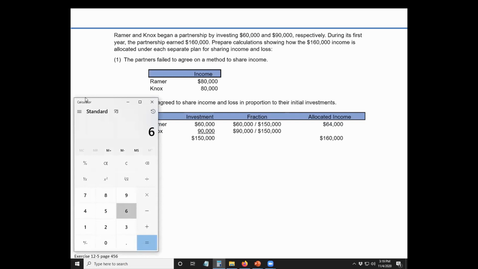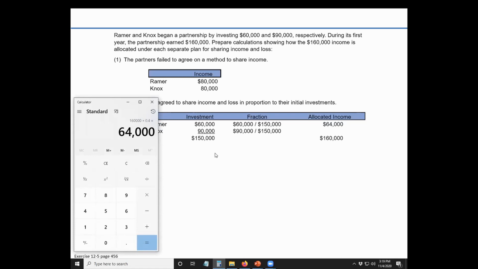So if we take 160,000 multiplied by 0.4, you come out with 64,000.